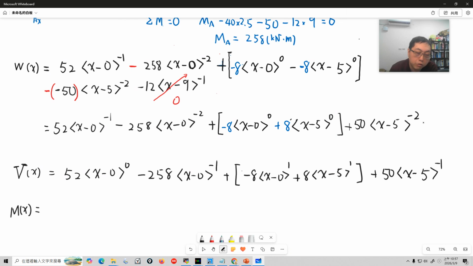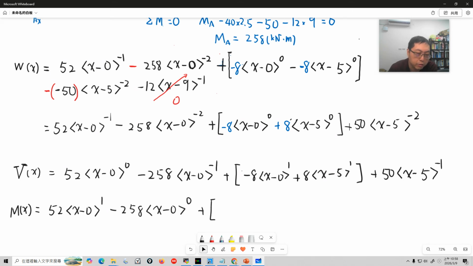The first one, power is 0. Just use the integration rule you learned from calculus, so it becomes like this. Here the power is minus 1, just add 1 to the power, so here it's 0.